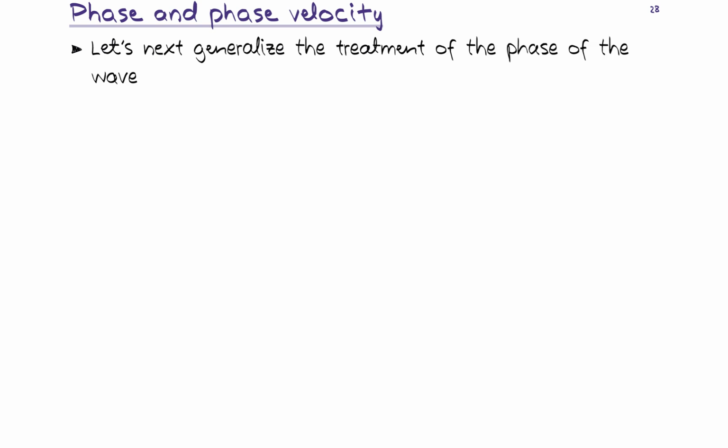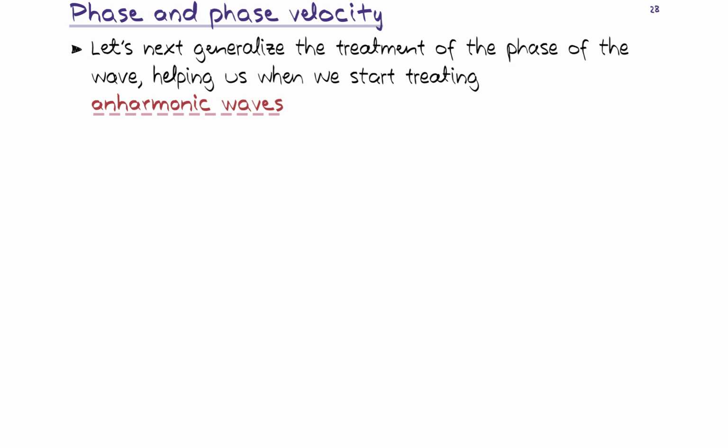Our motivation is that we want to generalize the treatment of the phase of our wave, because this will help us when we want to start treating anharmonic waves. Especially in the more advanced courses, when we start dealing with the propagation of ultrashort pulses, this phase function and how it evolves becomes a more and more important and useful parameter to describe and understand things.